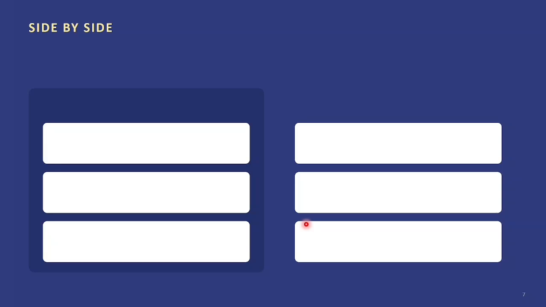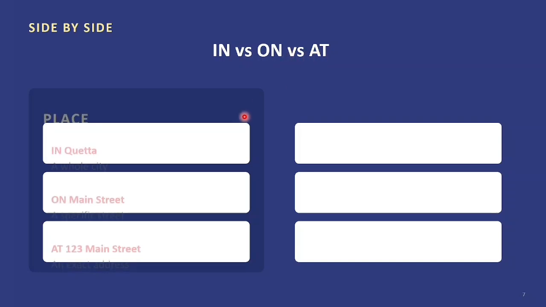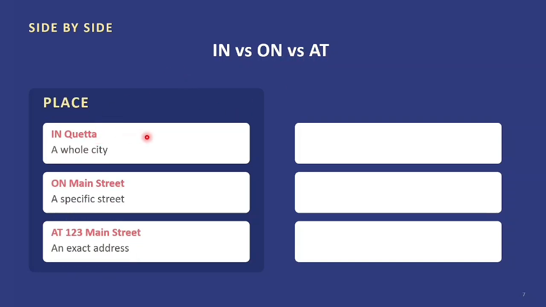Let's have a comparison between these three prepositions: in versus on versus at. First, place. According to place, we use "in" for a whole city or a whole country.